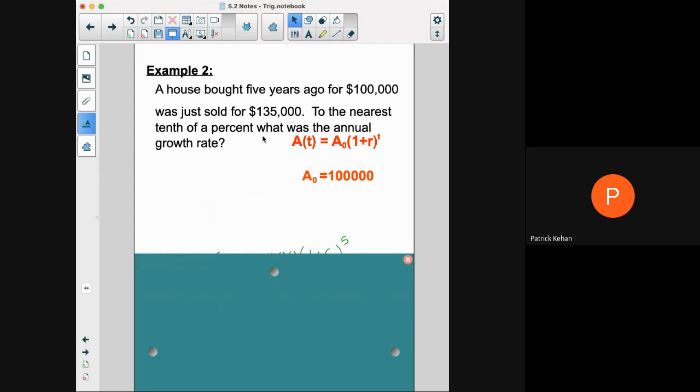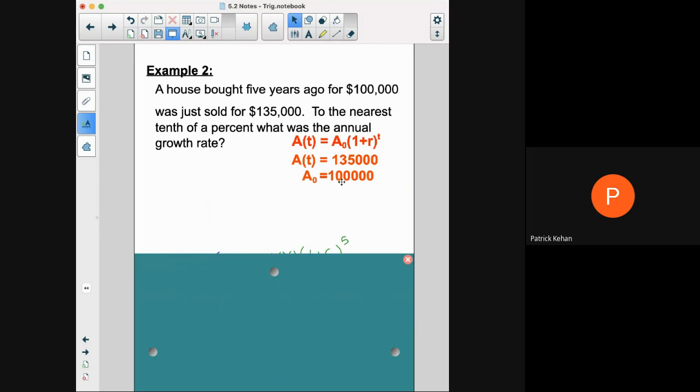So it's increased in value. And that increase is usually considered exponential. So moving on, we have a little unique situation where we're given the A of t value. We're given the output value, the final value of the house, which is $135,000. We're also given the initial value, the A sub 0 value, which is $100,000.